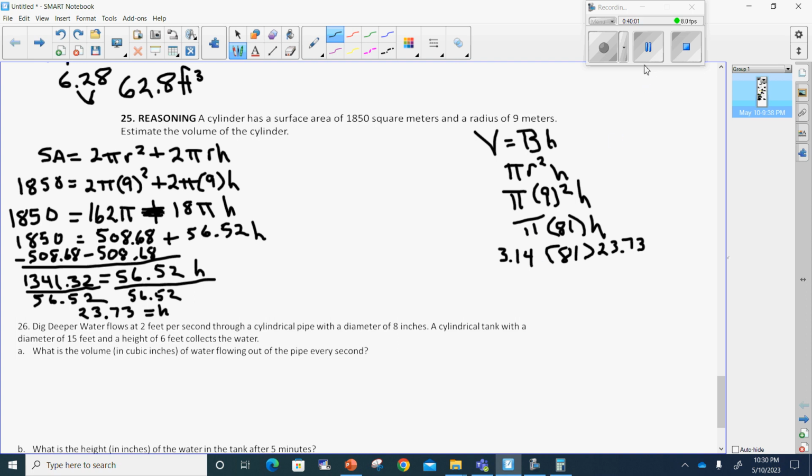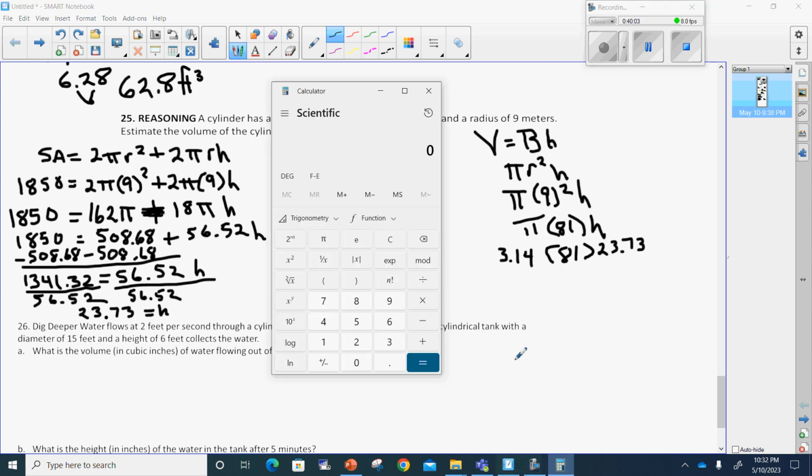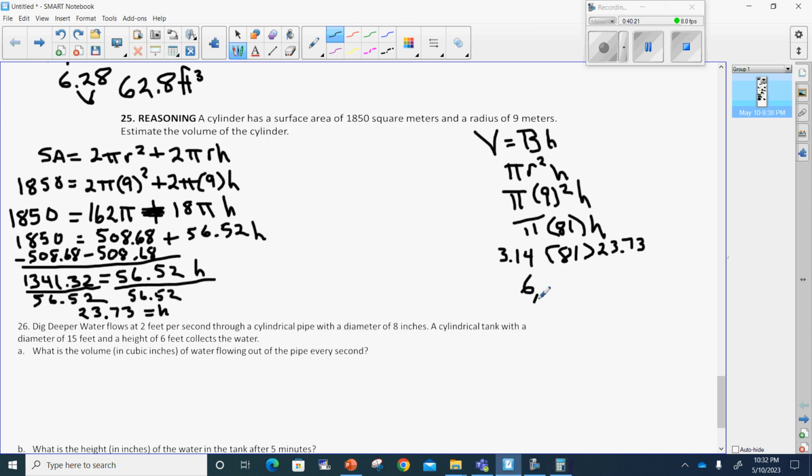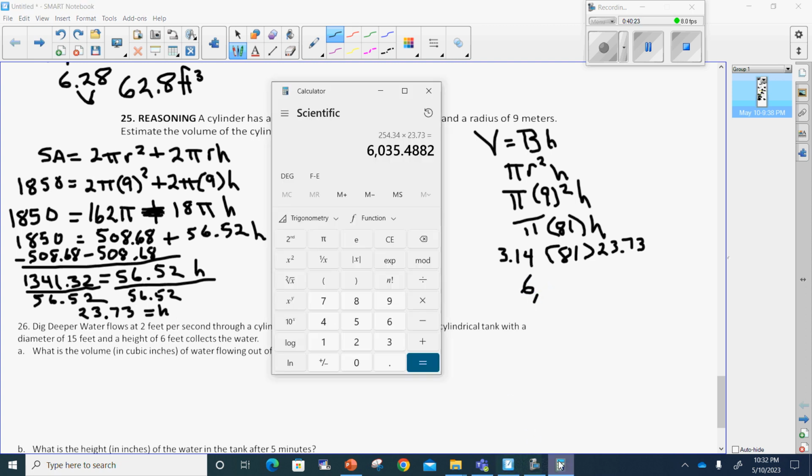So let's multiply these together. I got 3.14. I'm going to multiply it to 81. I'm going to multiply that to 23.73. That's going to equal about 6,000. Was that 35?